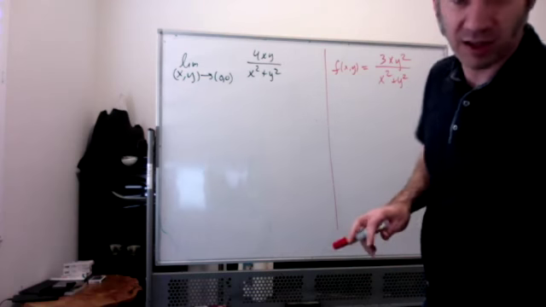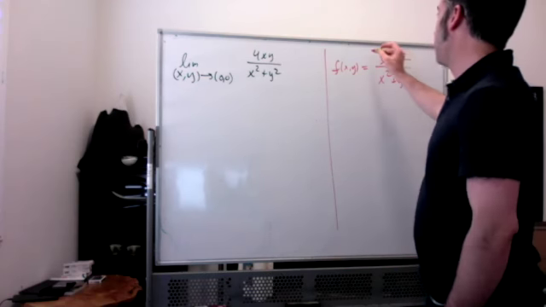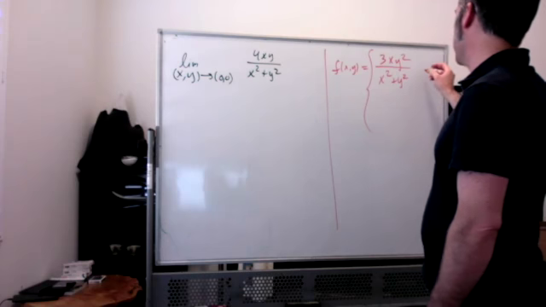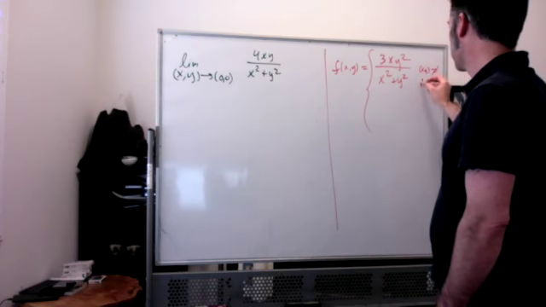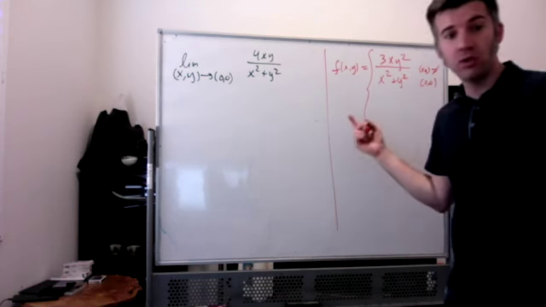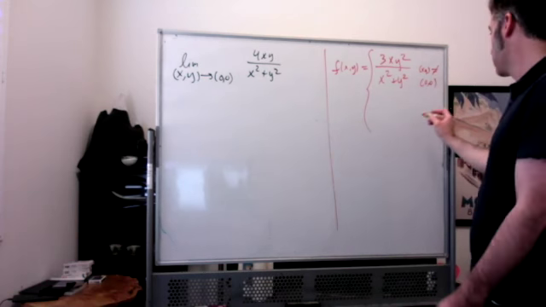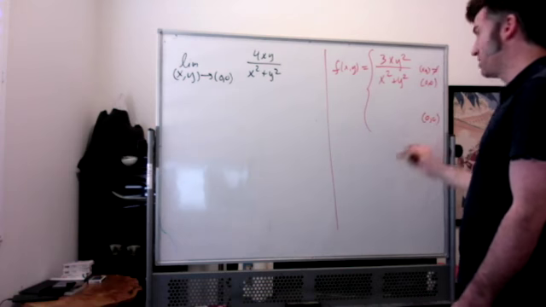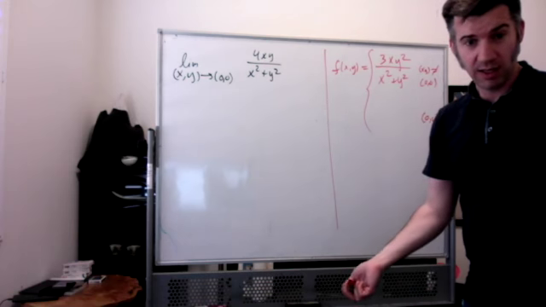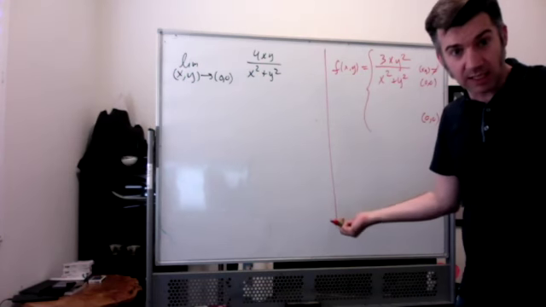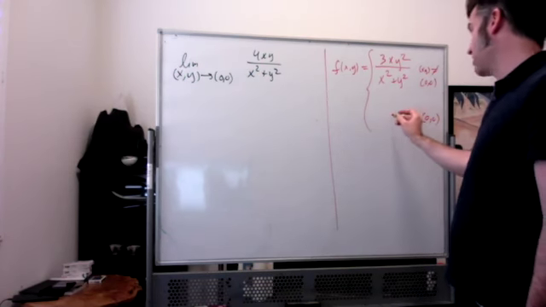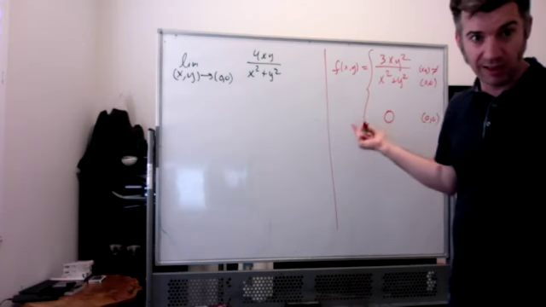But someone could ask, if it's equal to that when xy is not 0, 0, could you define this to be equal to something at the point 0, 0 that would make it continuous? And the answer for this function is yes, because the limit exists. You could define this to be equal to 0, which is what the limit is.